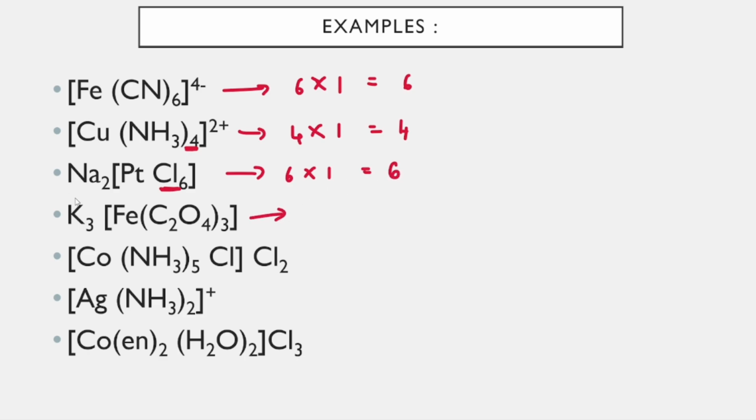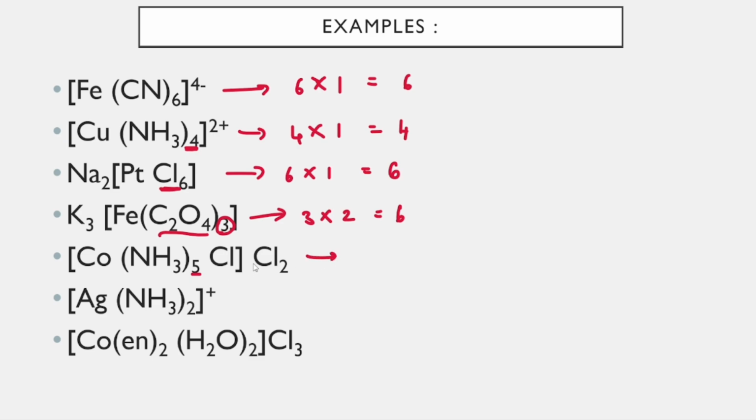Next one, K3[Fe(C2O4)3]. Here we have 3 ligands into denticity. Note, students, C2O4 is a bidentate ligand, so it will have a denticity of 2. So its coordination number will be 6.